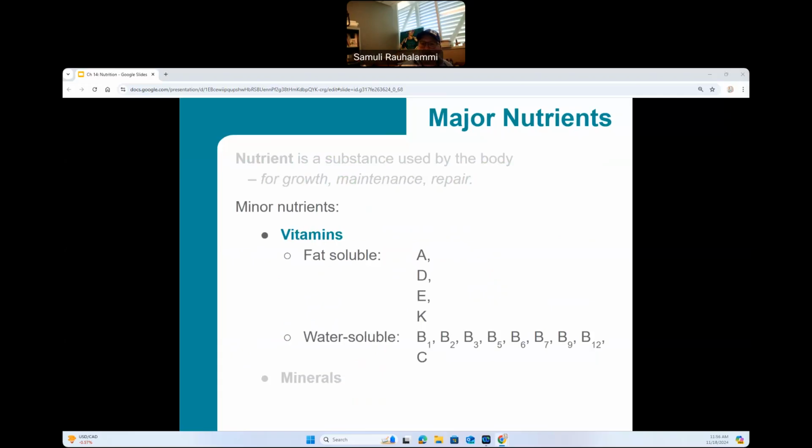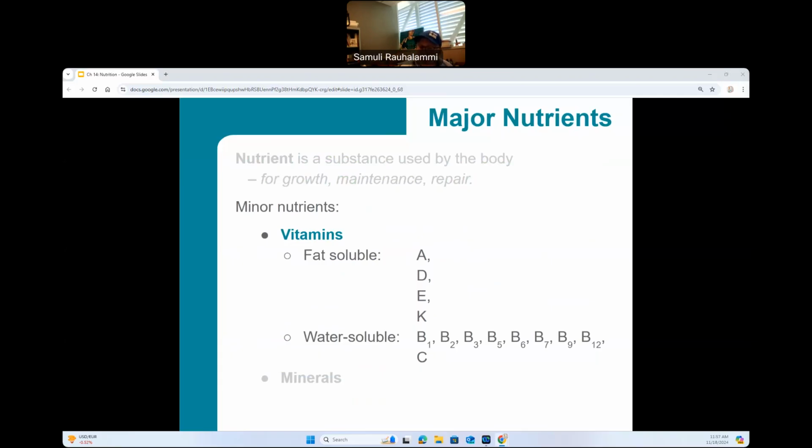Now let's have a look at micronutrients. These are found in smaller amounts, but they are still important. These would include, for example, vitamins. These are complex organic compounds, and there are really two types. There are fat-soluble ones. These are vitamins that dissolve in fats and are influenced by the same factors that affect lipid absorption, including, for example, vitamin A, which plays an important role in visual pigments, skin, hair, mucous membranes, bones, teeth, and epithelia.